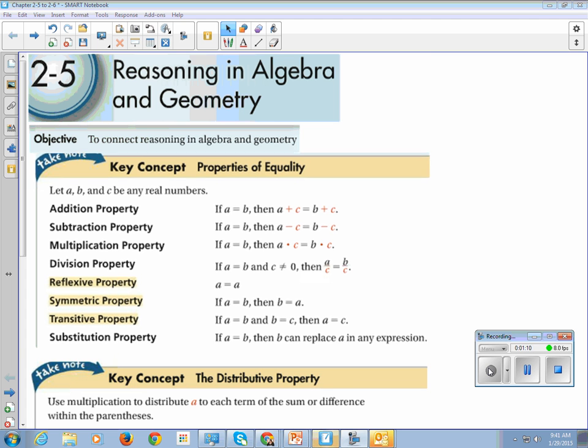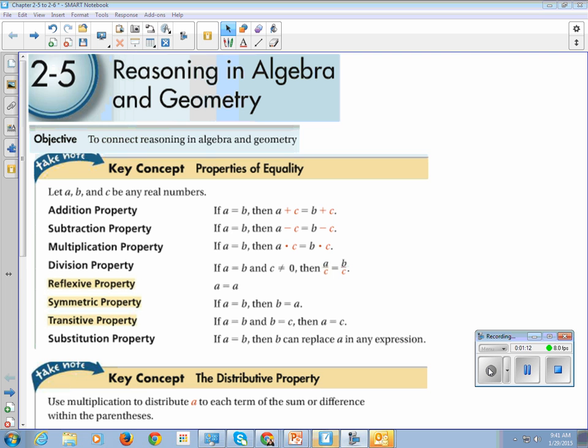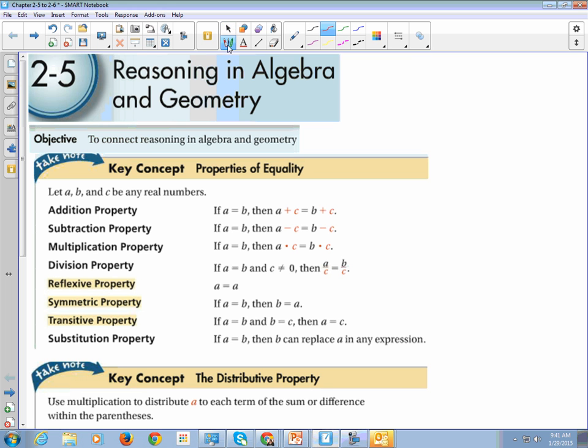Subtraction property of equality: if A equals B and I subtract C from both sides, I get to keep my equal sign. Multiplication property: if I multiply C to both sides, I get to keep my equal sign. Division property.